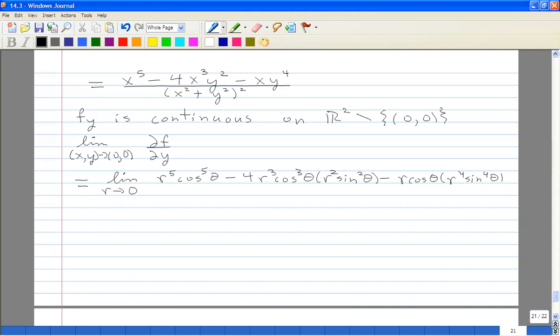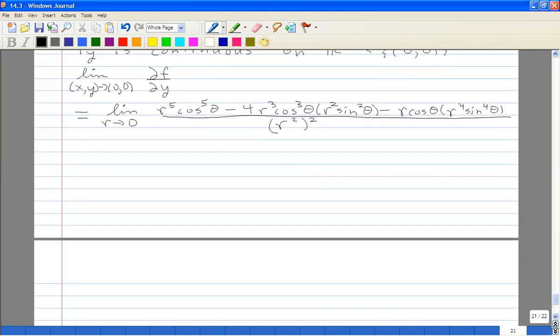All divided by r squared, well, cosine squared plus sine squared is 1, so x squared plus y squared.